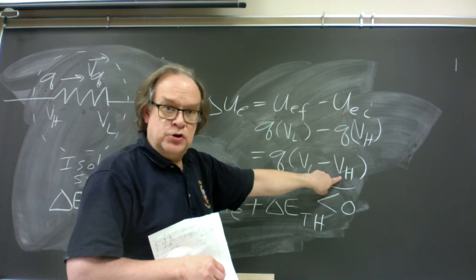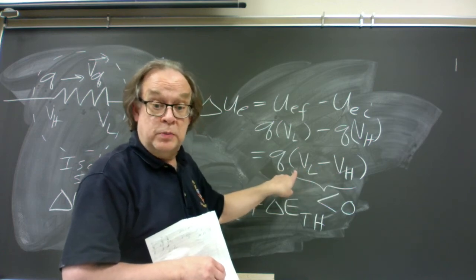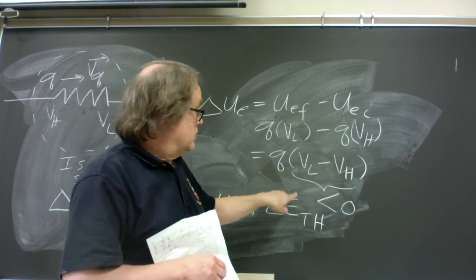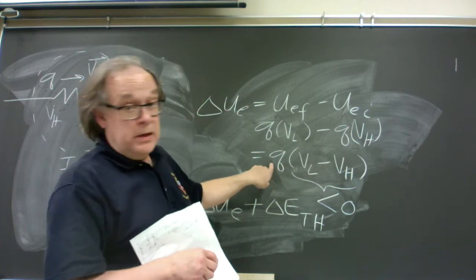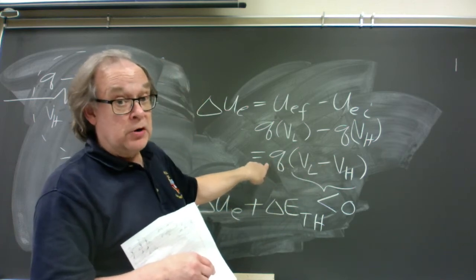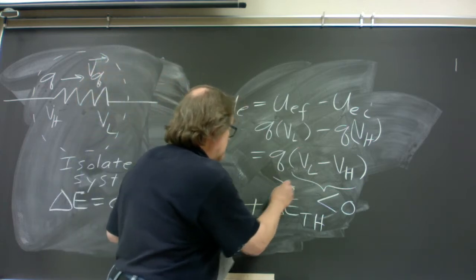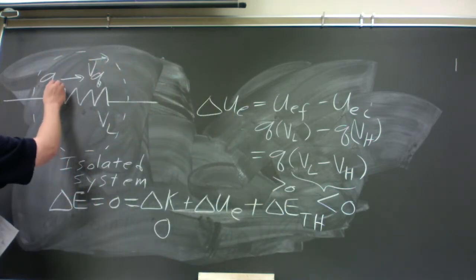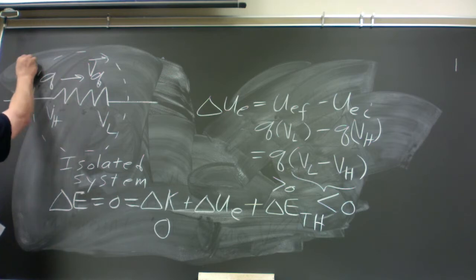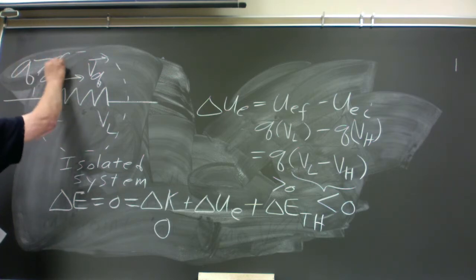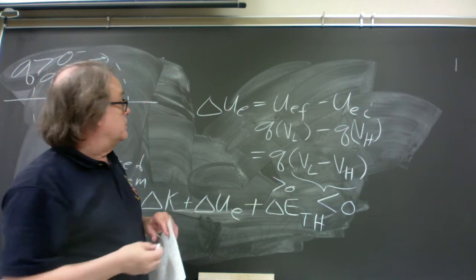And you can see that it's negative, because the initial potential was higher and the final potential was lower. So this is negative, and we're imagining a positive particle passing through that lump of resistance. Just note that.